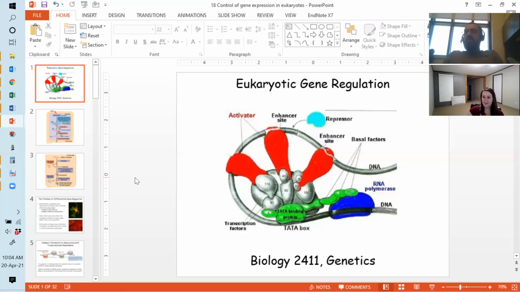Control of the initiation of translation, which, if you cast your minds back, is controlled by 5' cap binding proteins, poly A binding proteins, and other RNAs potentially that might bind to the 3' UTR. Even though control of translation isn't as big of a deal as control of transcription, it does occur.